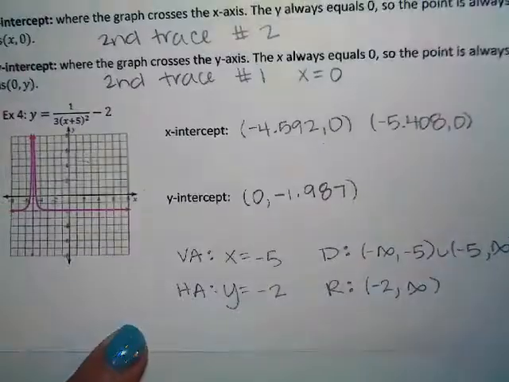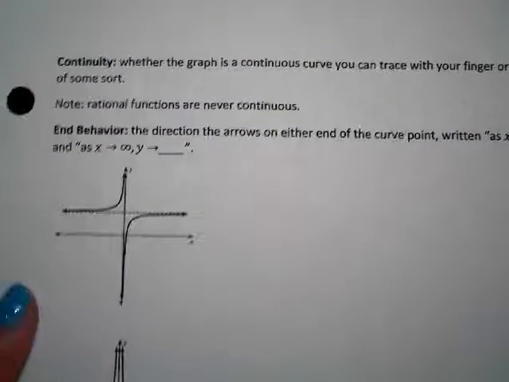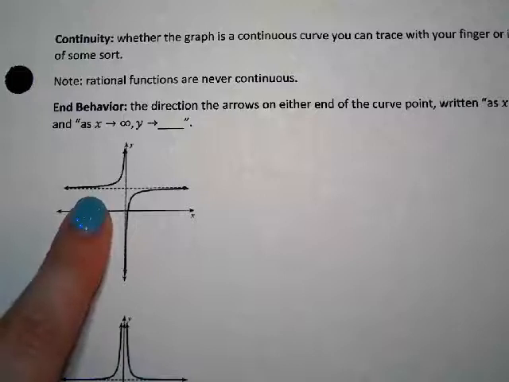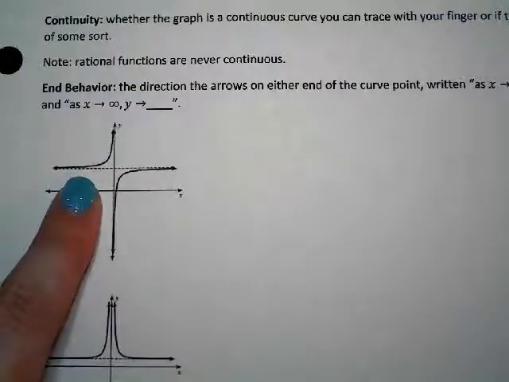All right, let's do the very last page. So the last page says, look at the left arrow and look at the right arrow, okay? Now, if we look at the left arrow and the right arrow, what do you guys notice about those arrows? Do they go up or down?